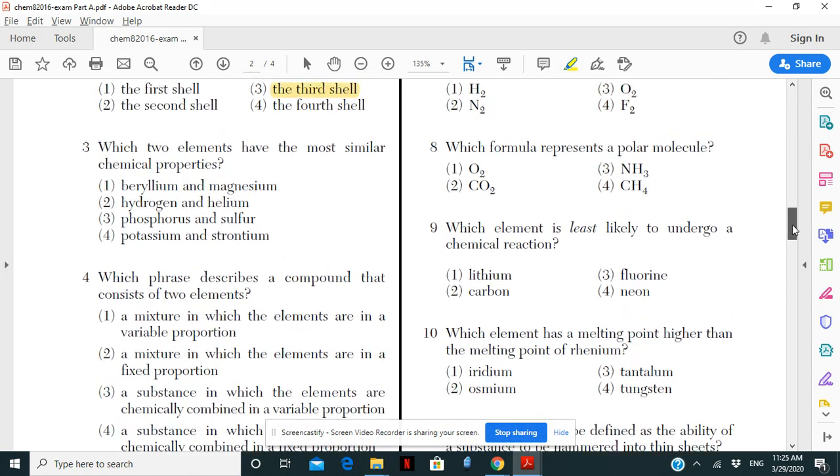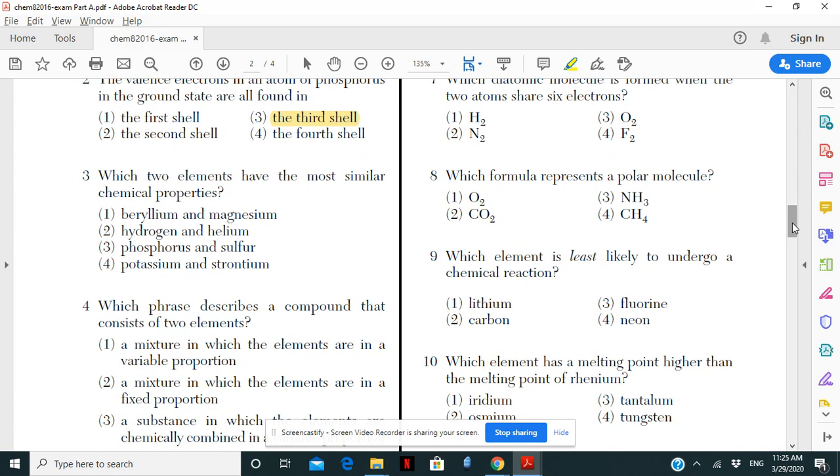Question number 3. Which two elements have the most similar chemical properties? According to the chemical properties, they should have the same valence electrons, because we understand before that chemical reactions go through the electrons, and since they have the same electrons, they are going to have similar properties, and that's going to happen if you have only the same group.